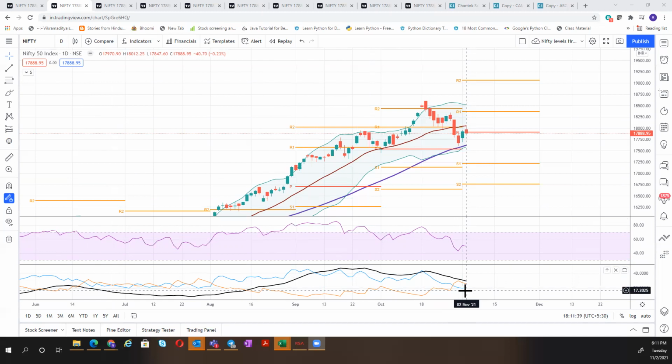It gives some kind of confidence when you see that the positive DMI is above the negative DMI, and especially if it is above this ADX, the average directional index. It indicates that the market is in strong momentum. Currently both positive and negative DMI are below ADX, indicating flat moves in the market.